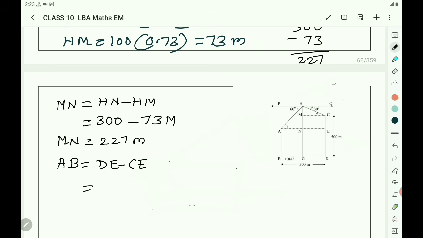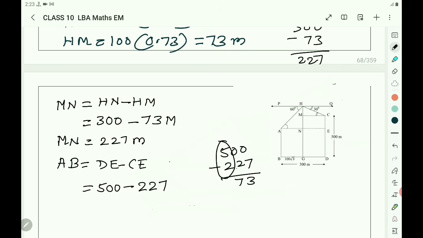DE is the height of the taller tower, that is 500 meter, minus CE, which is equal to MN, that is 227. 500 minus 227. 10 minus 7, 3. Here 9 minus 2, 7.